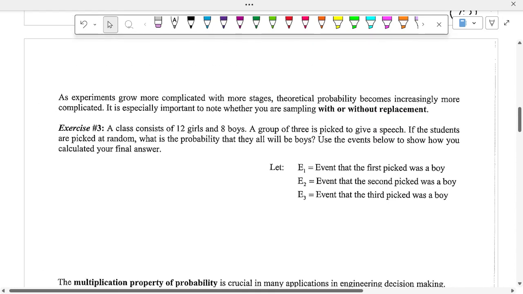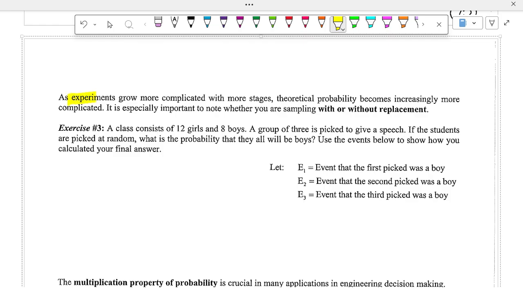Now, here's where it gets a little bit more complex. As experiments grow even more complicated with more stages, theoretical probability becomes increasingly more complicated. It is especially important to note whether you are sampling with or without replacement.